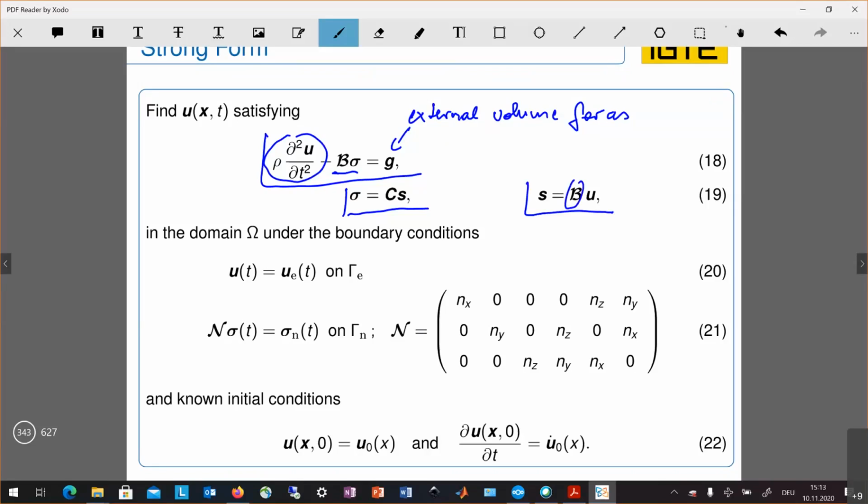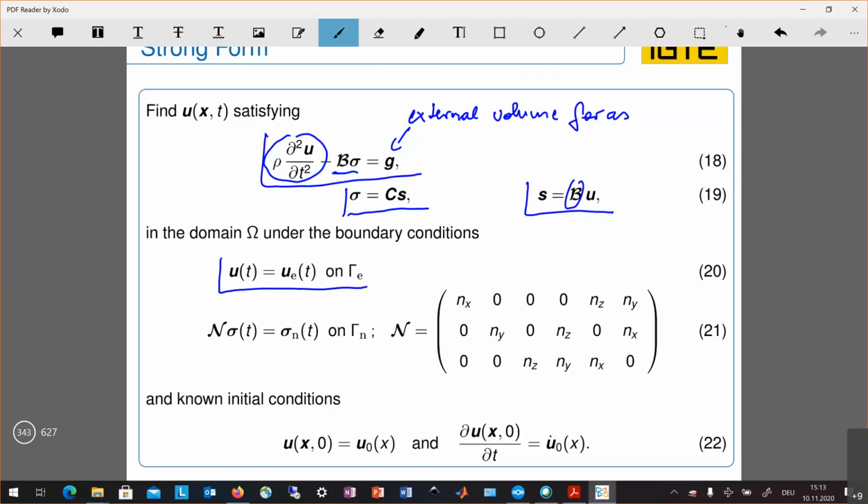Furthermore, we have boundary conditions in this sense that we can prescribe, for example, that the mechanical displacement has some value on the boundary, and we have to know it over the whole computational time we are computing, so it is still time dependent. A natural theoretical boundary condition would be that the mechanical displacement is equal to 0, all components, for example, which would mean we fully fix this part of the structure and it cannot move.